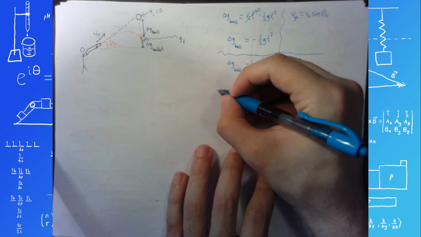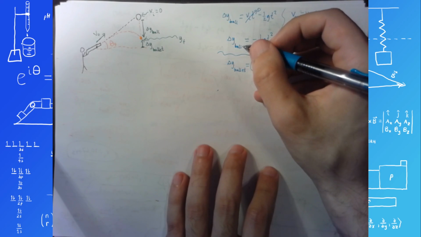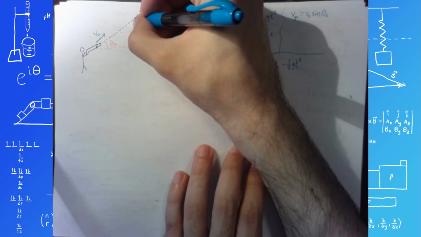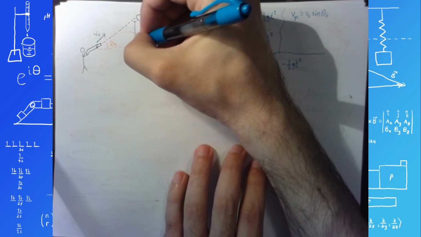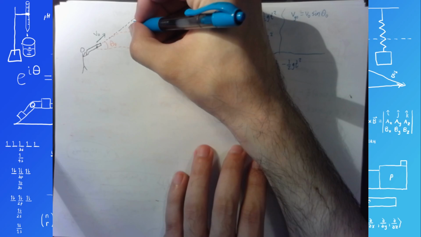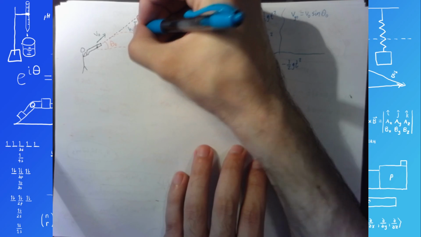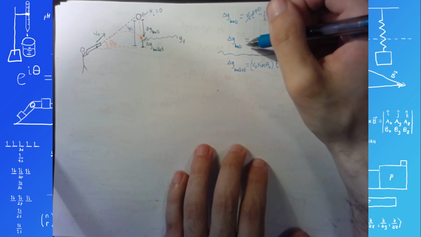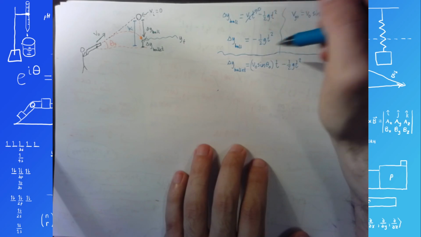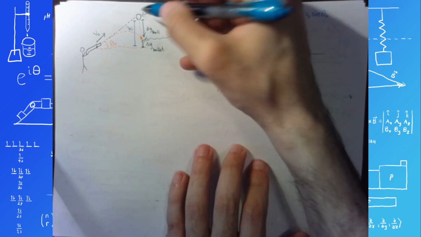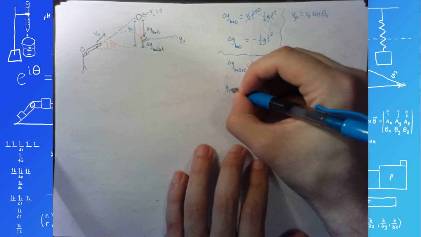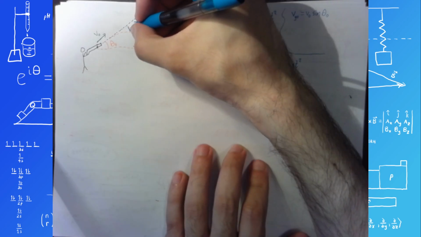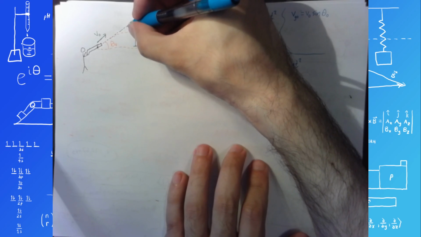So I'm going to say delta y ball would be y final minus H initial. Actually, I can just call it H, because H final is just going to be 0.